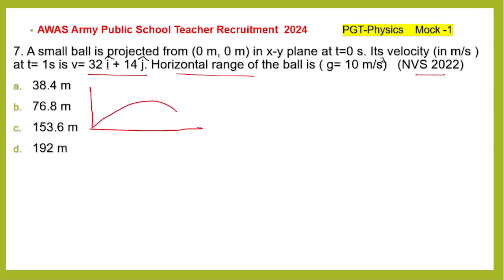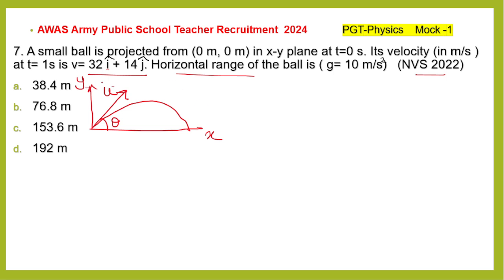So this is our projectile motion. This is the initial velocity, or velocity of projection, and this is the angle of projection. This is the x-axis, and this one is the y-axis.